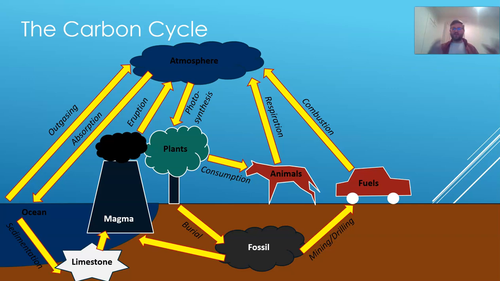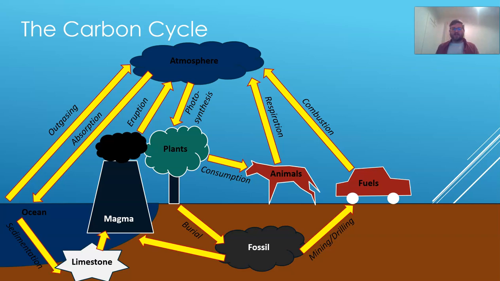So we've got a flow moving that carbon from the ocean into this limestone. Then the carbon in our limestone stock can flow back into the atmosphere through volcanic activity. So the limestone can get melted and the carbon will be given off during a volcanic eruption and go back into the atmosphere.